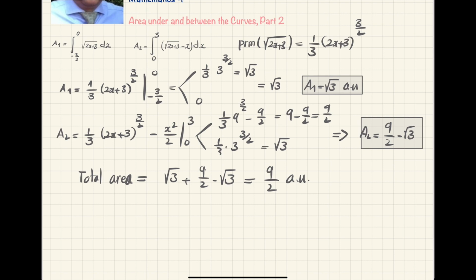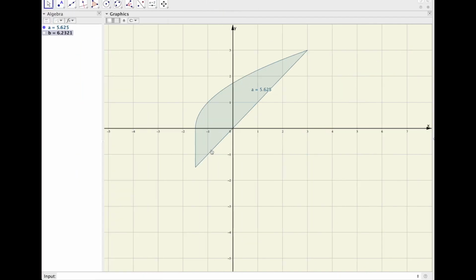Pardon? Maybe it becomes the same thing if you subtract triangles. Yes, that becomes the same thing, but I want to make sure that for book problem 24, I have the correct answer. Yeah, it is written 4.5 area units, so that's correct. The reason that you see this discrepancy in GeoGebra is because GeoGebra is calculating the area between these two curves from minus 3 over 2 up to 3.